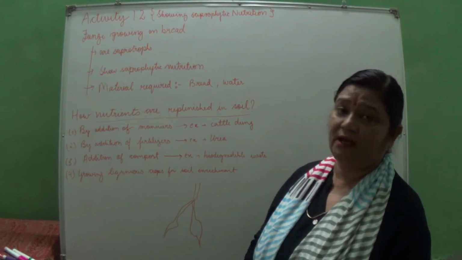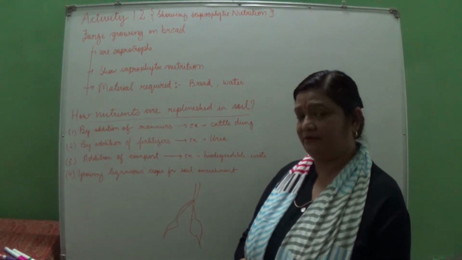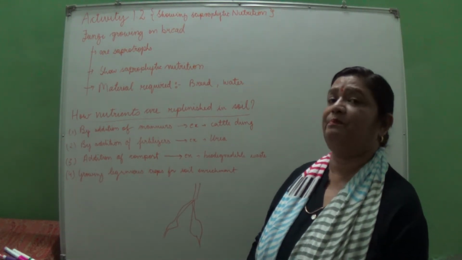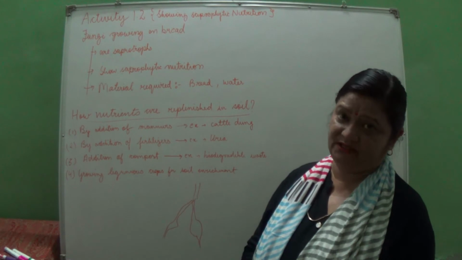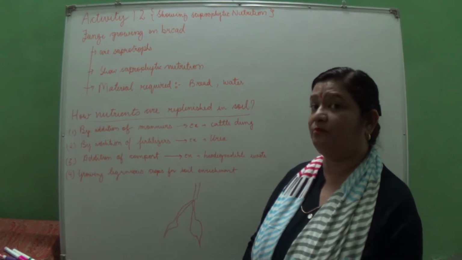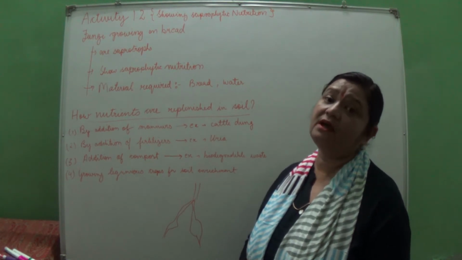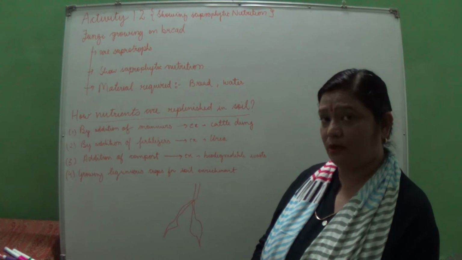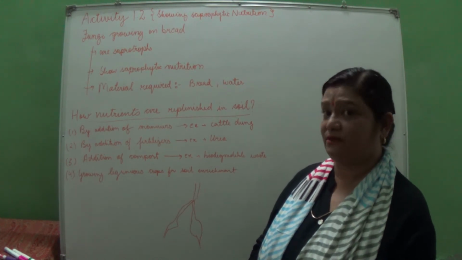Other topics of NCERT, some extra topics which are given in your NCERT that I am covering. What is transpiration? Transpiration is the process in which the plant loses water from the leaves. Here excess water is lost from the leaves through the stomata.